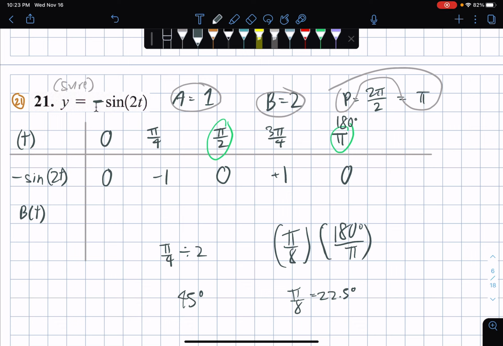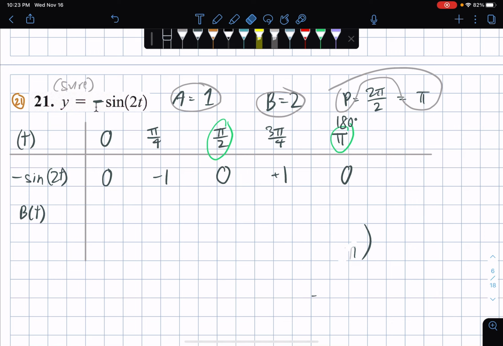Okay, if you want to look for the b value, you just basically write t divided by whatever is b. So for instance, given that we have 0, we divided with 2, the answer is 0. That's our bt.